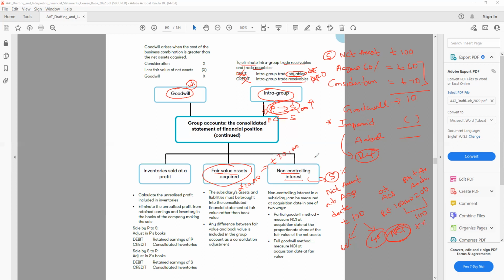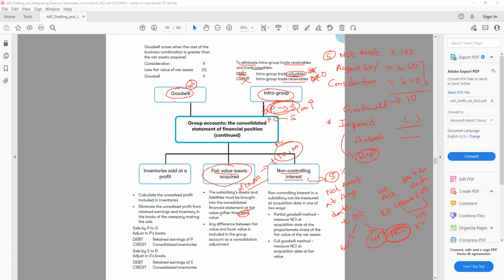In this case, you can make the revaluation, or you can use the fair value of 30,000 rather than 20,000. So obviously, as the explanation says, the subsidiary assets and liabilities must be brought into the consolidated financial statement at fair value rather than book value.